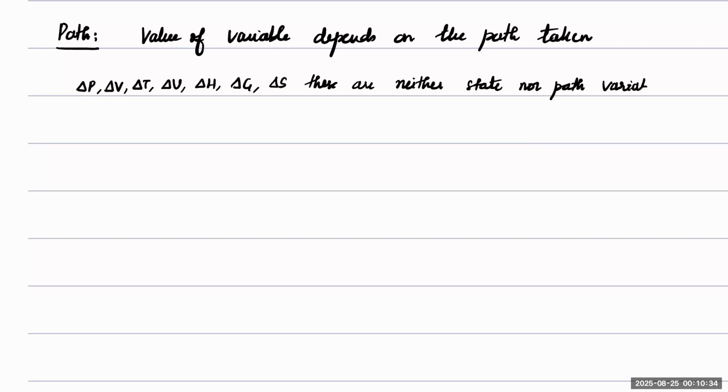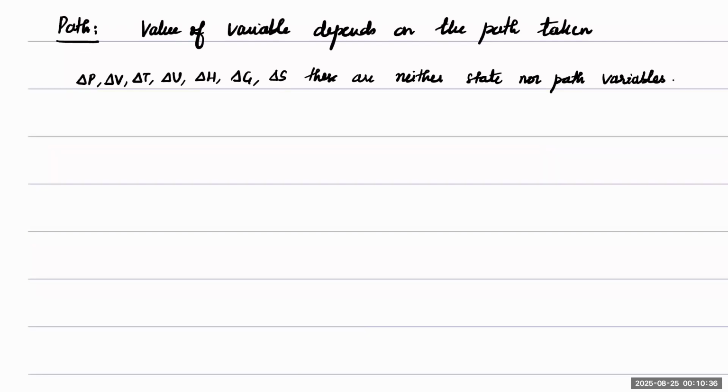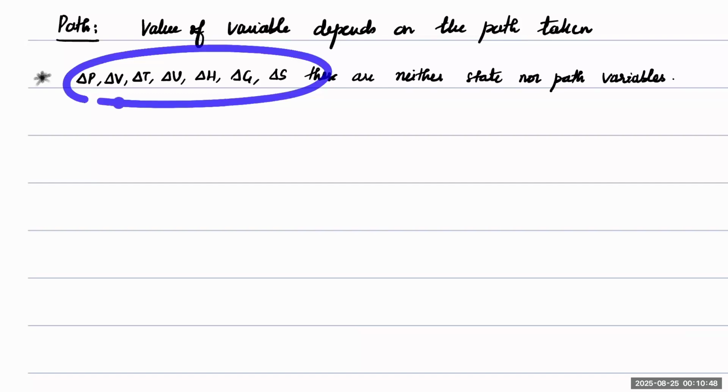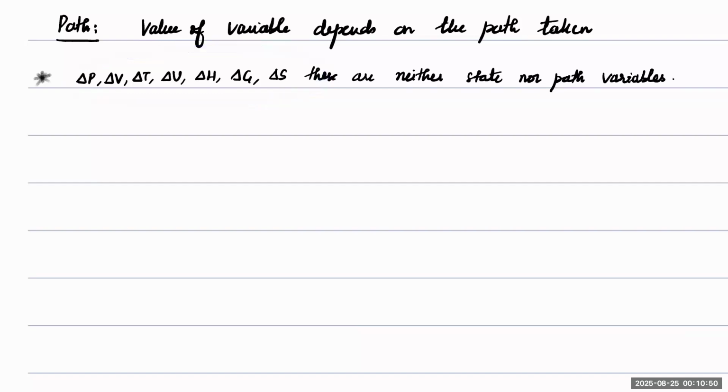So this usually becomes confusion sometimes. Okay. So do remember that. So we are saying that it is not exactly a path function, it is not exactly a state function if we are talking about the change of it. Clear?